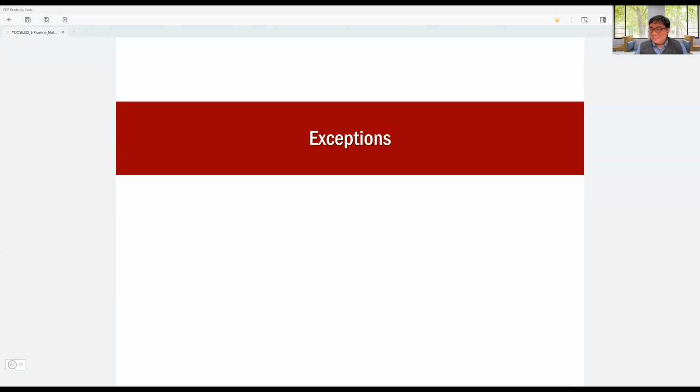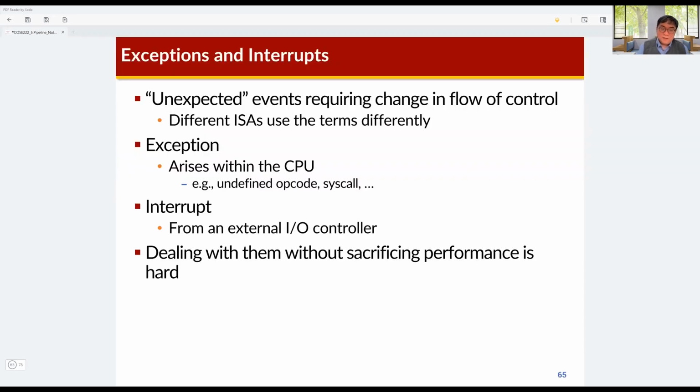So in Korean, that is called 예외. Exception means that it's a rare event that can happen in computer systems. So the meaning of the exception is the unexpected event. So for example, divide by 0.